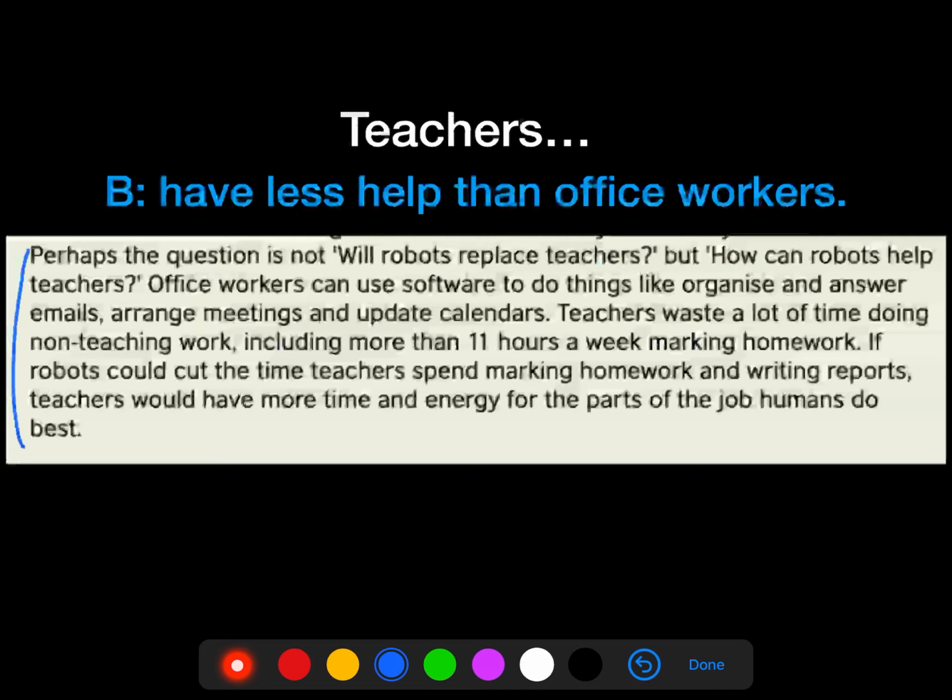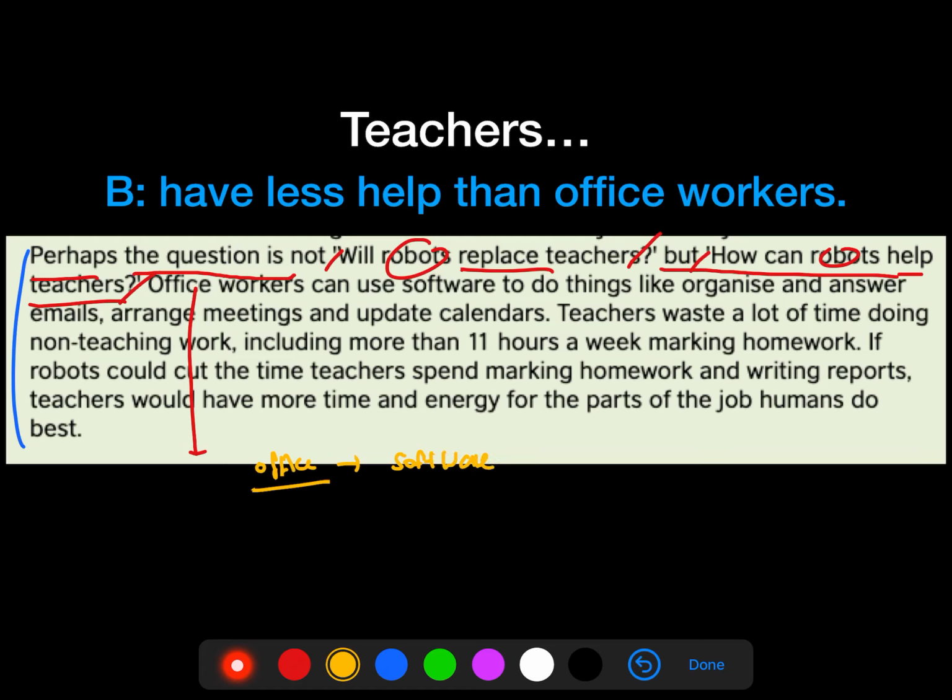So let's read this paragraph together. "Perhaps, maybe, the question is not will robots replace teachers, but how can robots help teachers?" So here come the office workers. Office workers can use software to do things like organize emails and meetings and calendars.